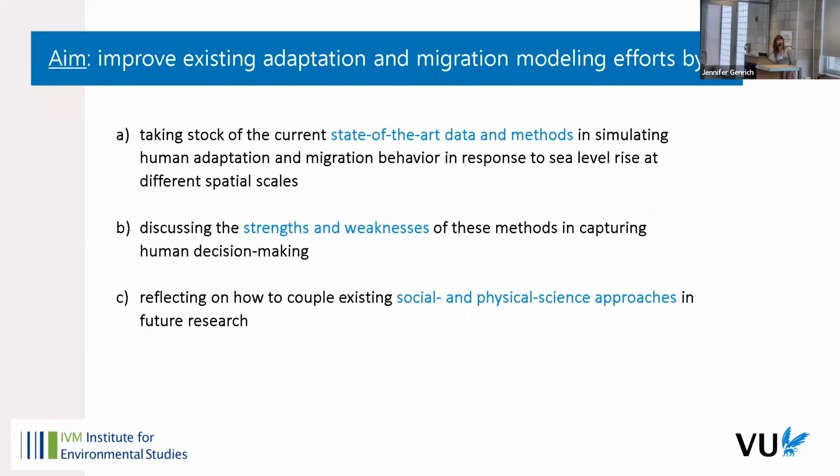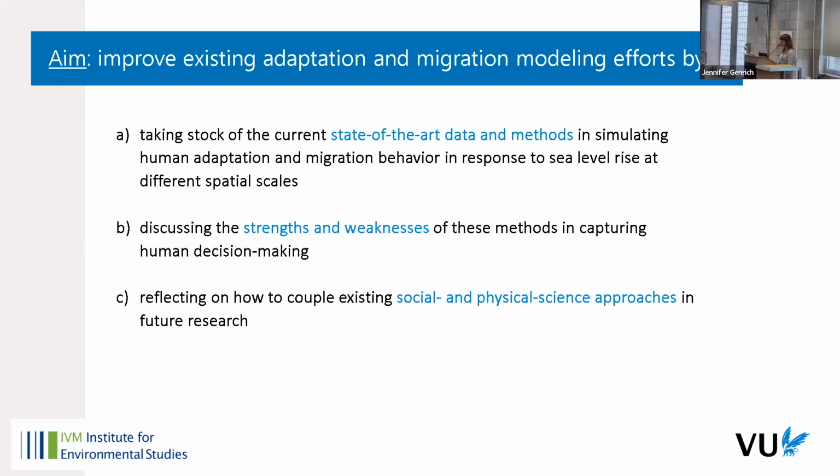What we want to do in this session is improve existing adaptation and migration modeling efforts by addressing three points. First, taking stock of current state-of-the-art data and methods in simulating human adaptation and migration behavior in response to sea level rise at different spatial scales, from the local up to the global scale. This is a nice basis for discussing how to integrate these different spatial scales, since there are very different requirements for modeling approaches at the local versus the global scale.